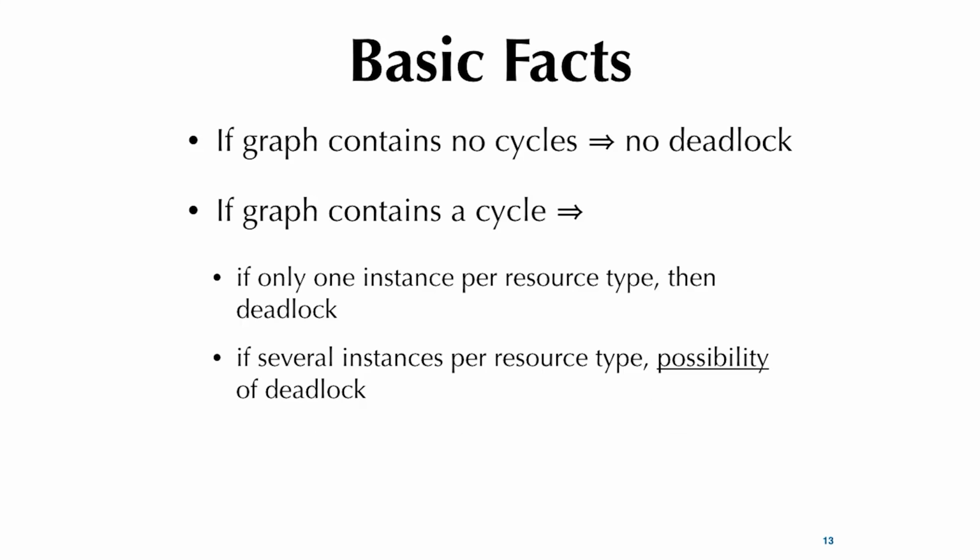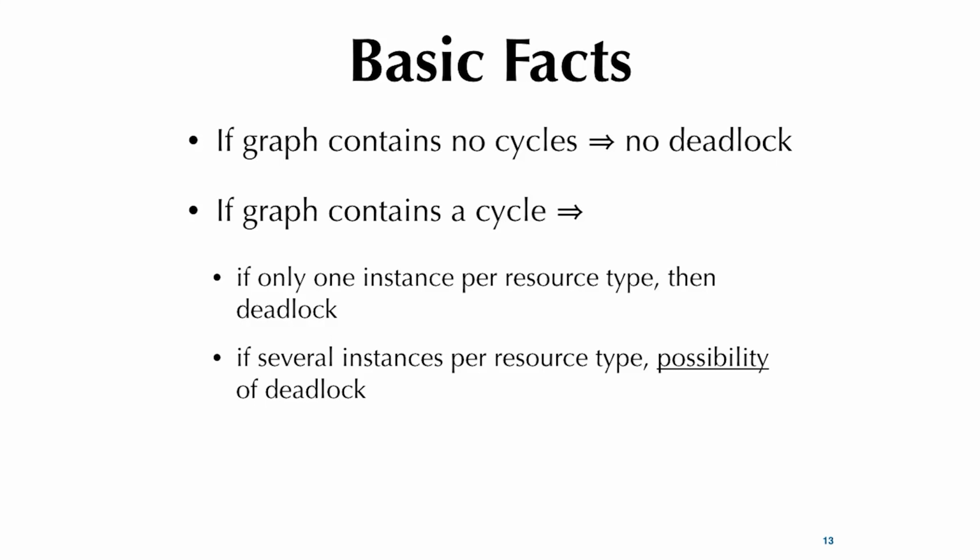Okay, so basic facts. If such a graph contains no cycle, it means no deadlock. You can be sure of that. But if it contains a cycle, does that mean you have a deadlock? Well, it could be, but it doesn't automatically imply you have a deadlock. It does imply you have a deadlock if there's only one instance per resource type.